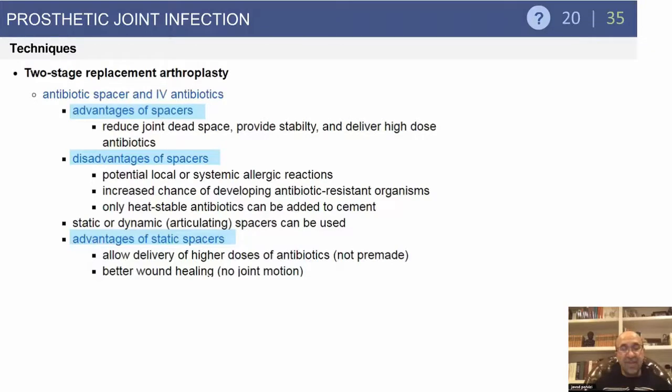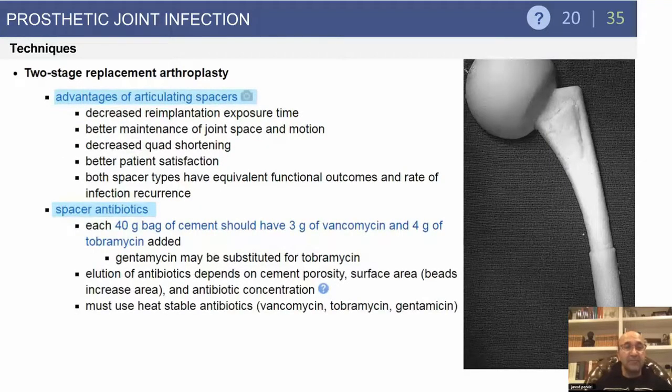The static spacer, on the other hand, doesn't have those disadvantages, but it does carry higher morbidity for the patient and functional compromise. Articulating spacers are either made in the operating room during your resection arthroplasty or prefabricated.